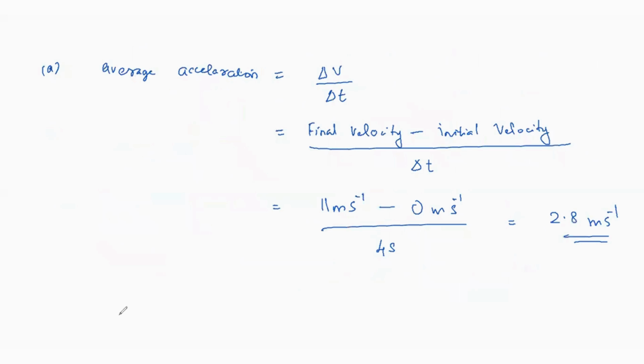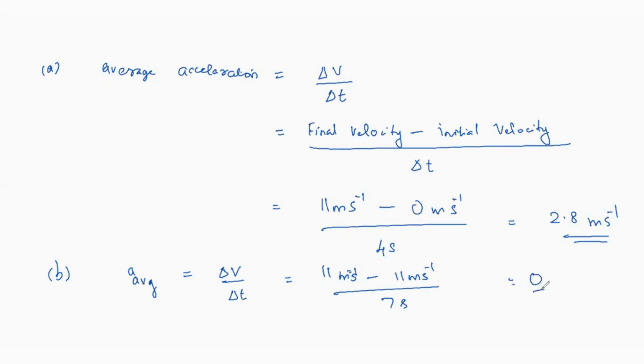So for B, the average acceleration is delta V over delta T, where there is no change: 11 meters per second minus 11 meters per second over 7 seconds, which is 0.